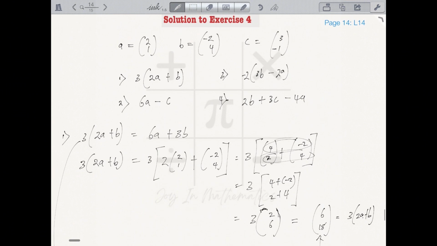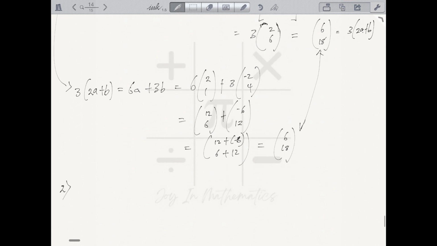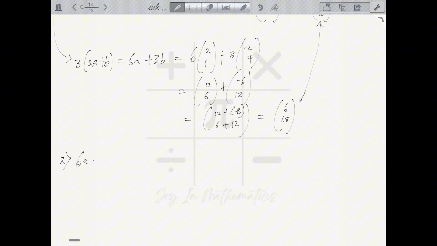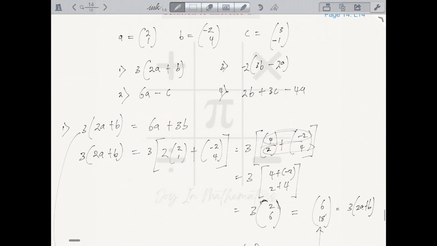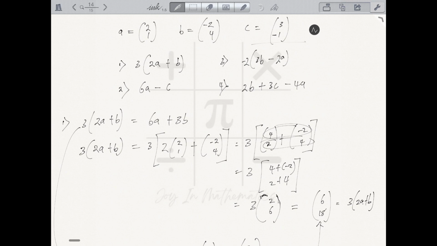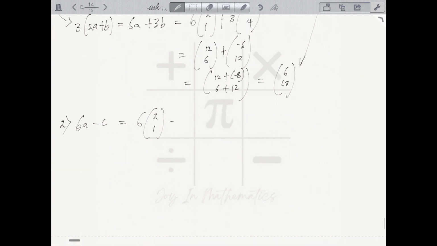Question 2 says we should simplify 6a - c. We know that our a is (2, 1). However, our c is (3, -1).